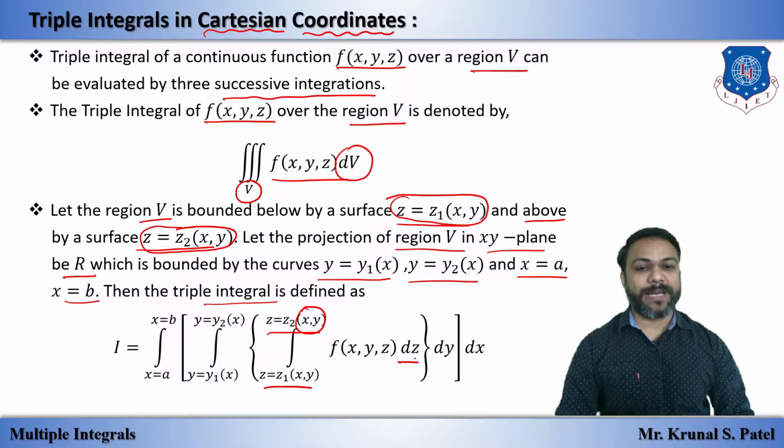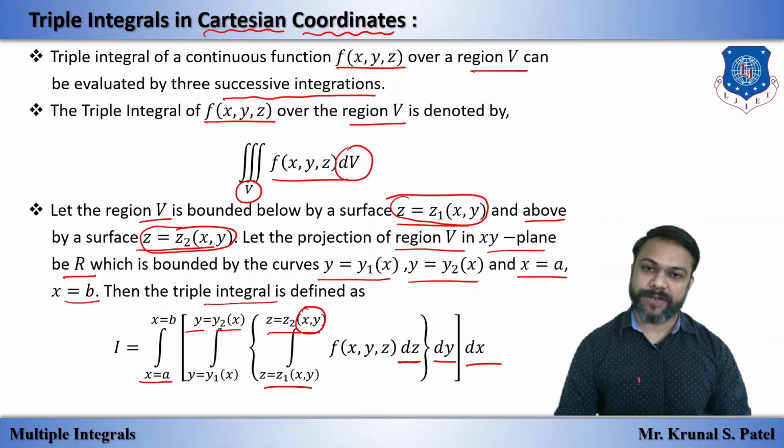So we will integrate with respect to z first, as we have discussed for the double integration, inside. Then the limits of y in terms of x, so dy next. After integrating this, we will use the resulting expression and integrate with respect to y, because the limit is of y in terms of x. Then this resulting answer will be integrated with respect to x finally. Okay, so we have three successive integrations.